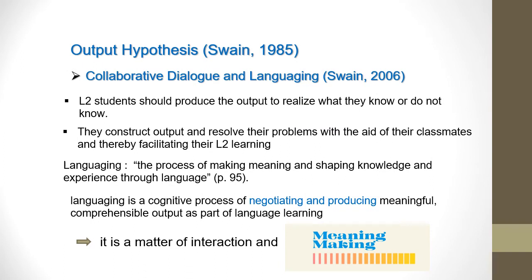The output hypothesis proposed by Swain in 1985 emphasizes that students produce output to realize what they know or do not know. Swain proposed that the input hypothesis proposed by Stephen Krashen and his followers is not enough for second language acquisition to take place.